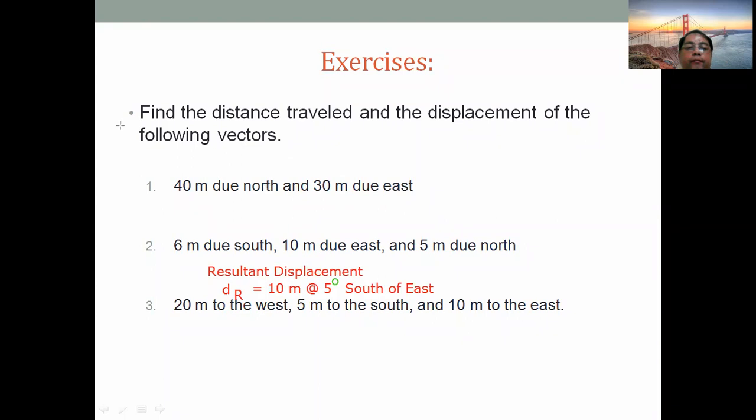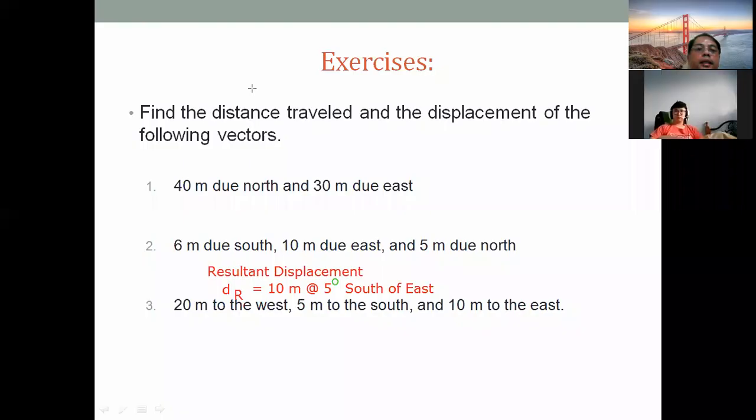So again, how did we get the value? We will try answering the question of how we got this answer.